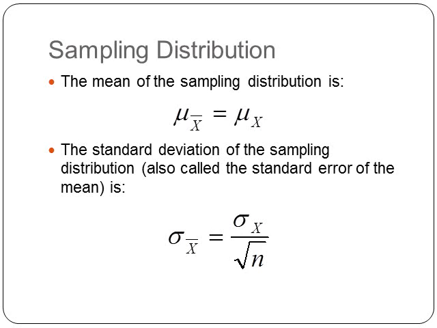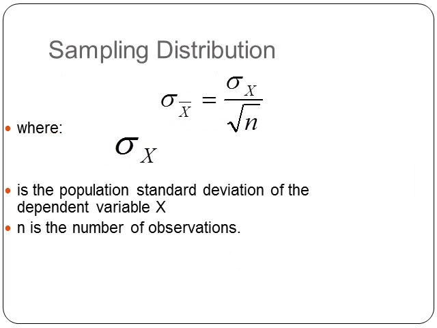The mean of the sampling distribution of the mean is equal to the mean of the population value, and the standard deviation of the sampling distribution, the standard error of the mean, is equal to the standard deviation of the population divided by the square root of n, our sample size. Sigma is the population standard deviation, and n is the number of observations. So in the previous example we had 36, so we would be taking the square root of 36 in the denominator.